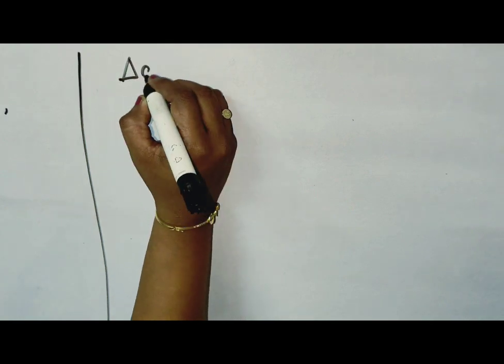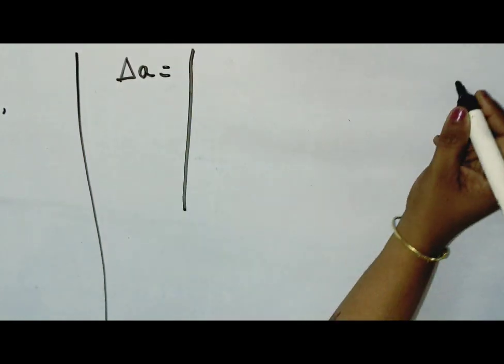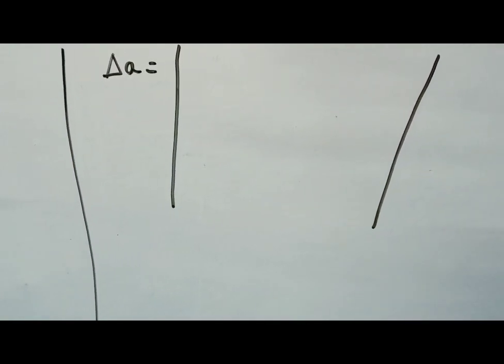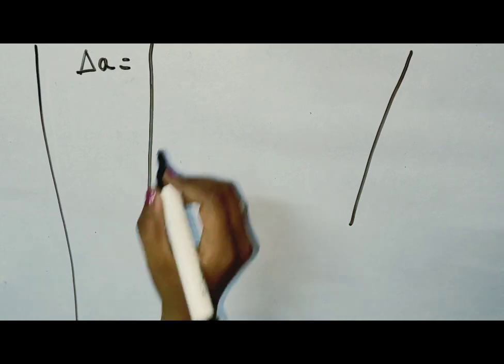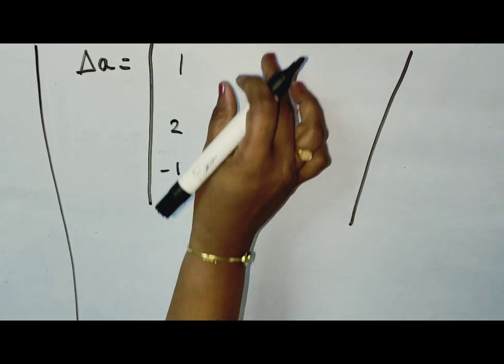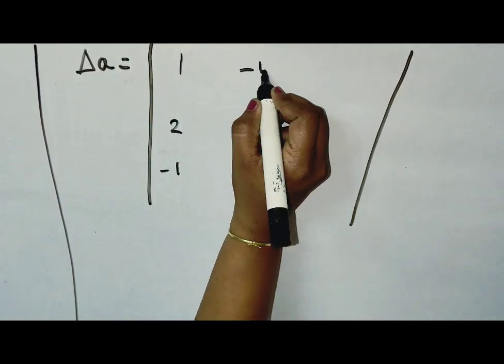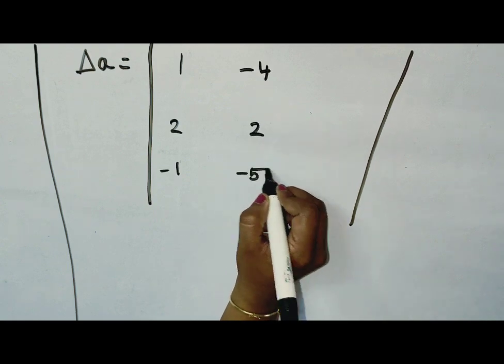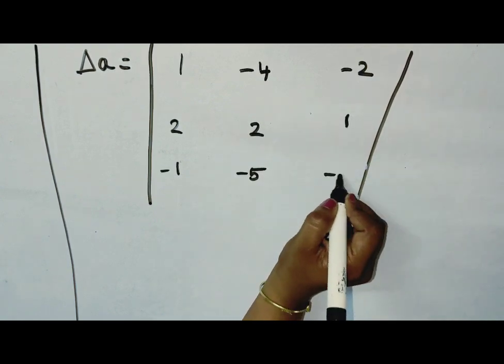We will find the value of delta A. Delta A means the A column we have to replace with the constants on the right hand side, which is nothing but 1, 2, minus 1. The remaining columns will stay as they are: minus 4, 2, minus 5, minus 2, 1, minus 4.